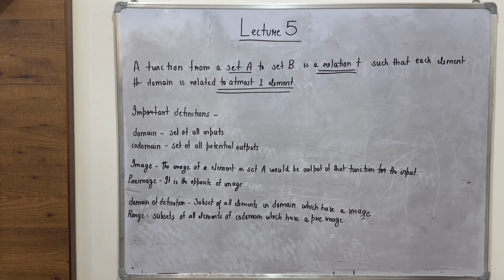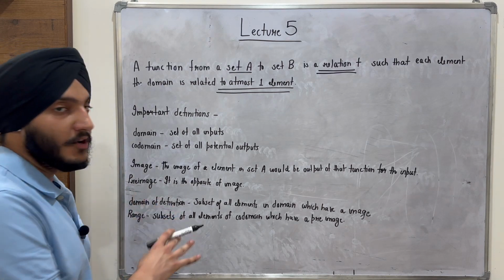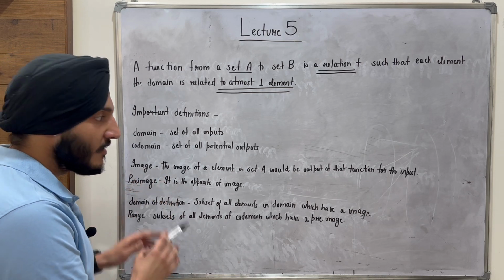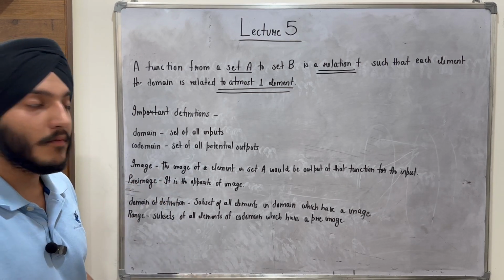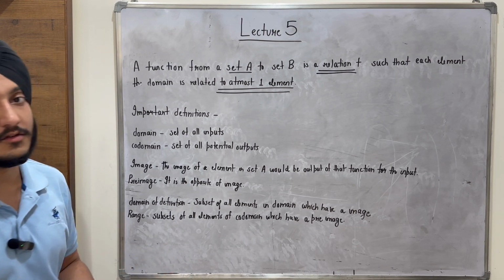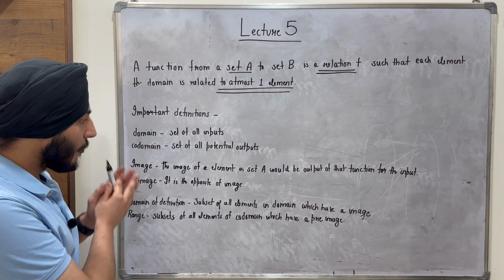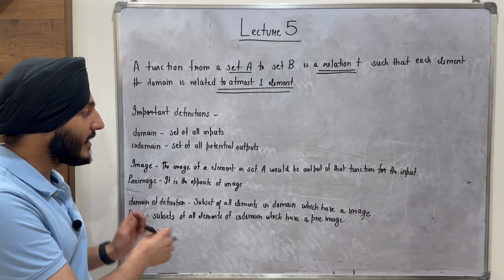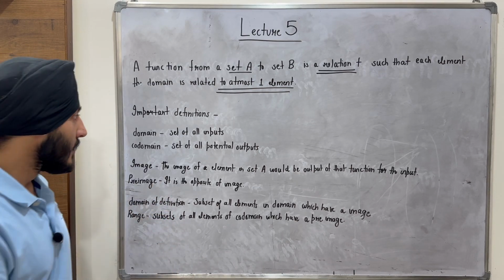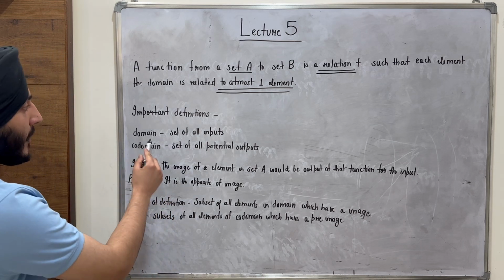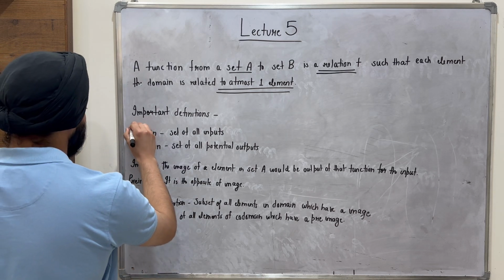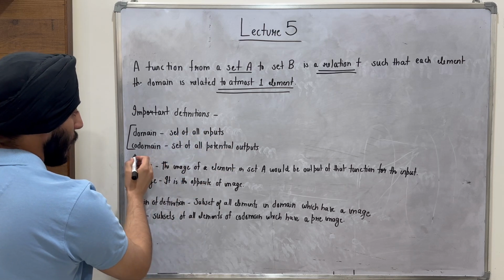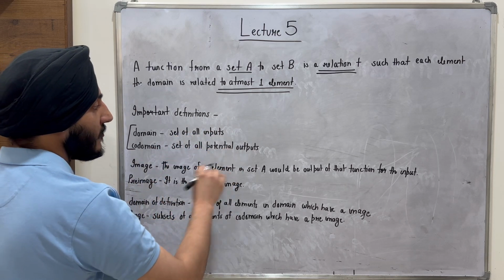Okay, moving on, let's try to understand these important definitions in functions, right? So having a good understanding about all these definitions is super important when it comes to solving questions on functions, right? So I'm going to cover all these definitions in detail. These are very simple definitions and I'll explain each one with an example. First, let's try to understand what are domain and codomain, right? So these two definitions over here. Domain is the set of all inputs and codomain is the set of all potential outputs.